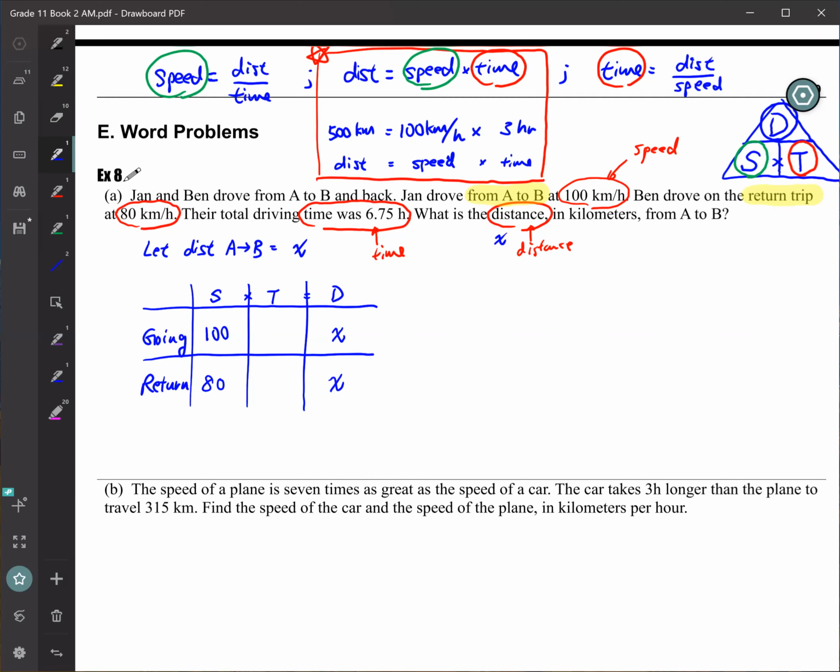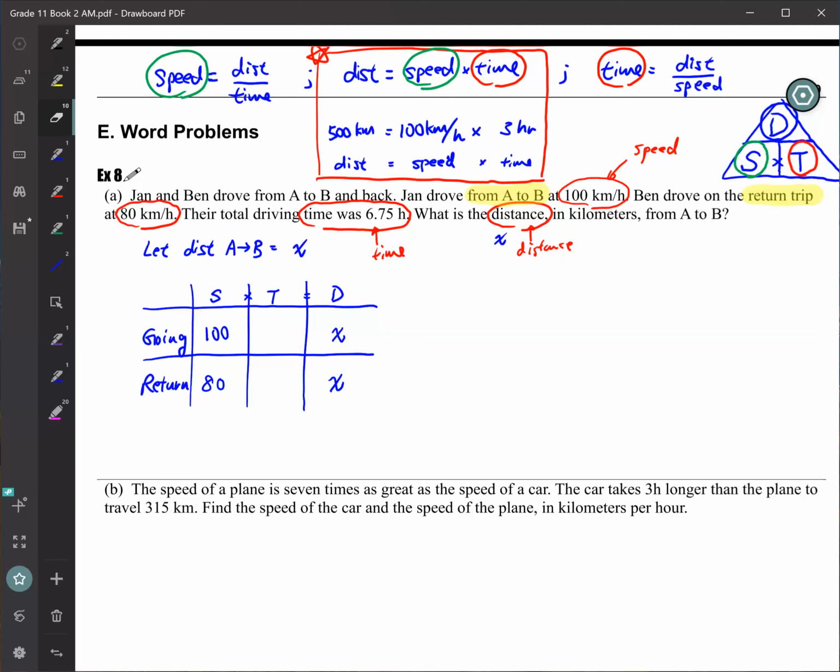Because they give you a time of 6.75, but I cannot put 6.75 in any one of them, because this is talking about the total time, including going and returning, okay? But based on your logic, going is faster, right? Returning is slower.